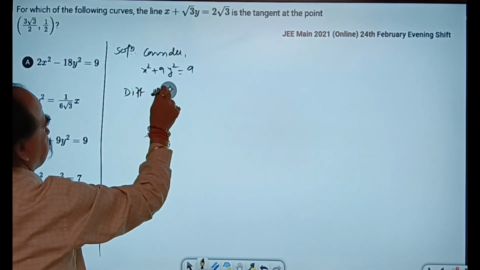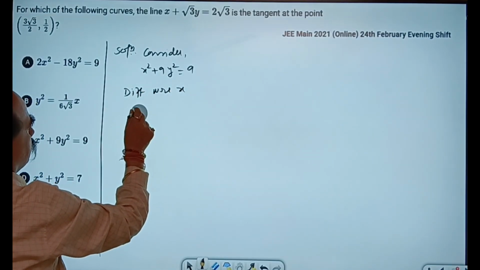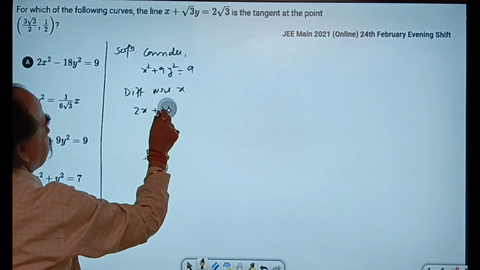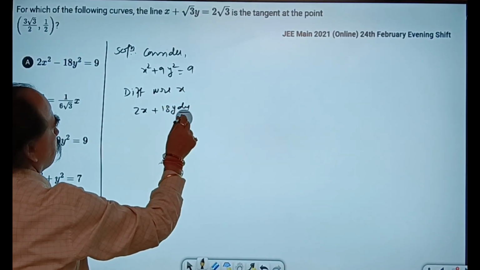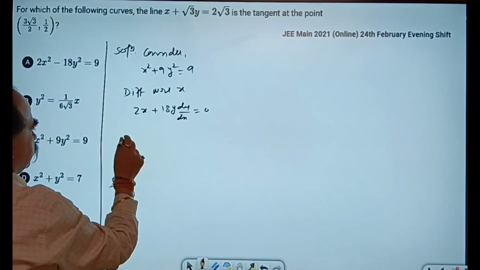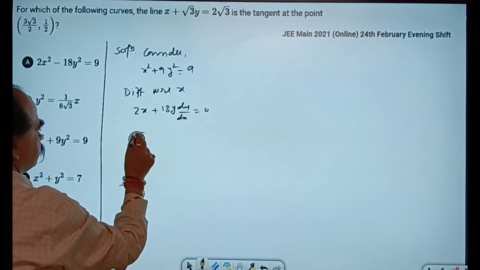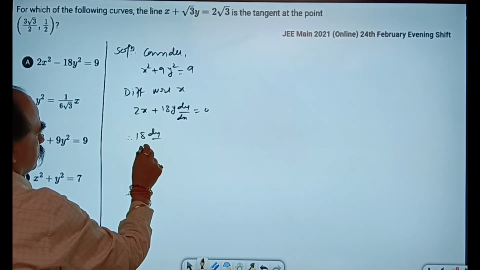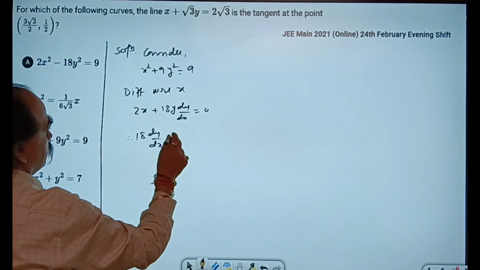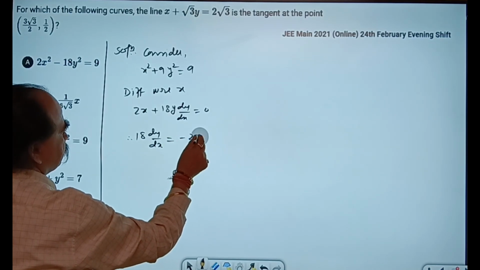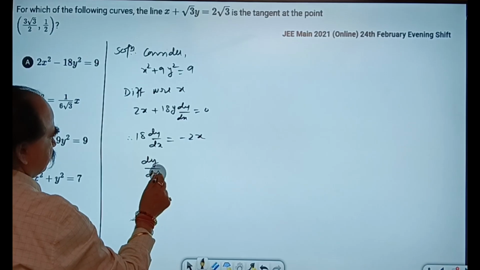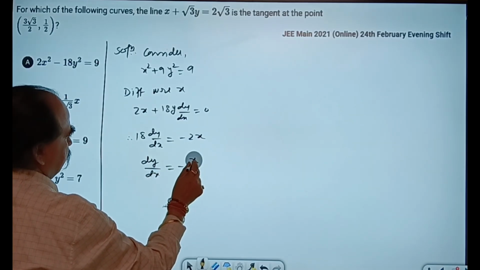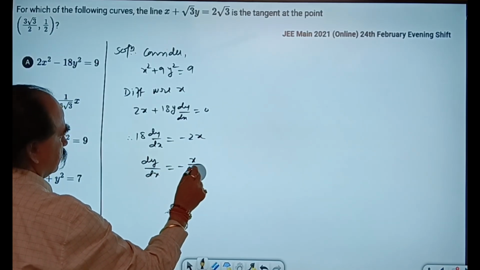Differentiating with respect to x, 2x plus 18y dy by dx is equal to 0. 18y dy by dx is what? Minus 2x. So dy by dx is minus x upon 9y.